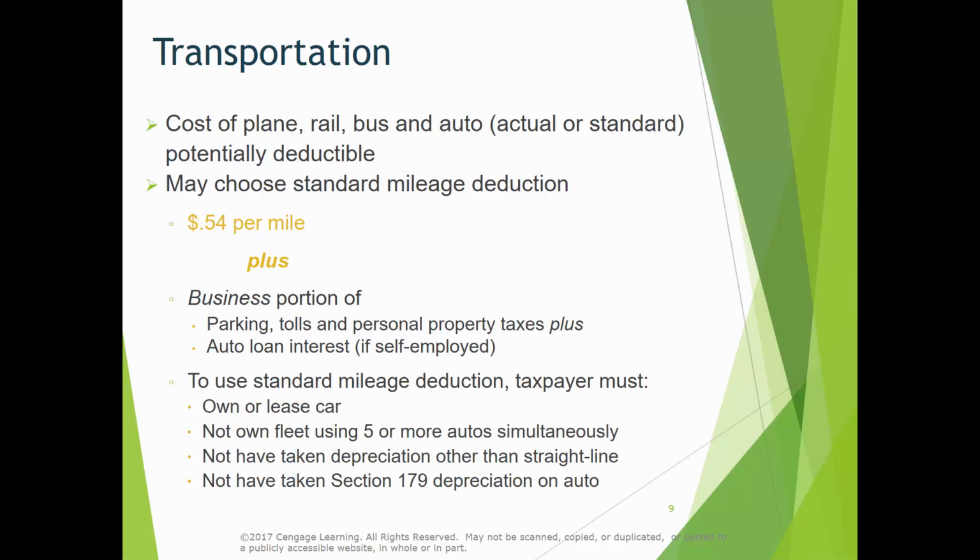Traffic violation fees? No, never anything you have to pay because you broke the law. And she's self-employed, so if she borrowed money to buy the van, she gets to deduct the portion of interest that's allocable to the miles she drove for business. Okay?